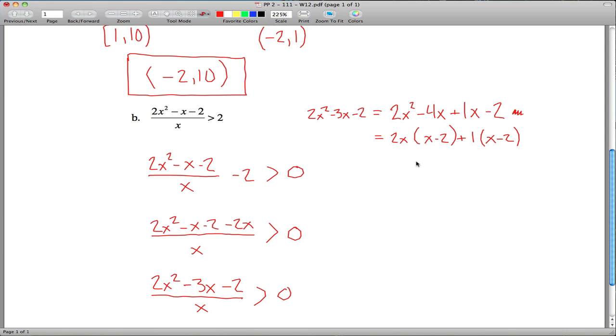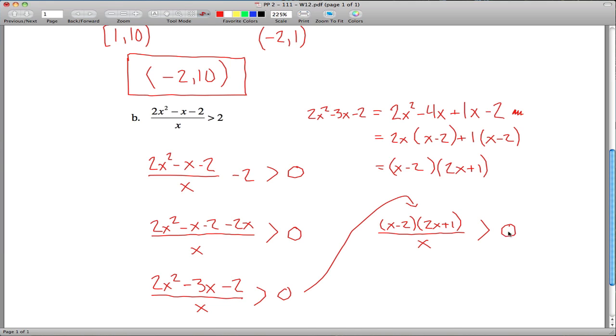And then if you factor out an x minus 2 from both, you get x minus 2 times 2x plus 1. So since this right here is just the top, from here we can say that what we have is x minus 2, 2x plus 1 over x has to be greater than 0.